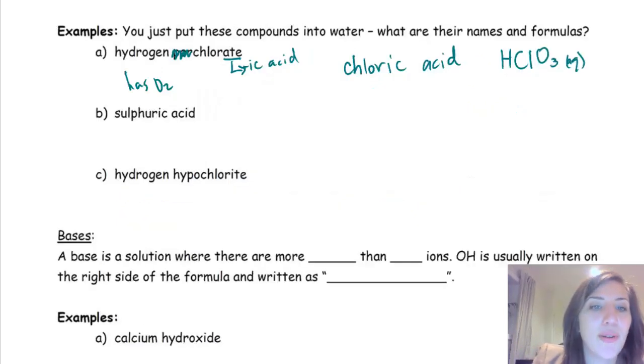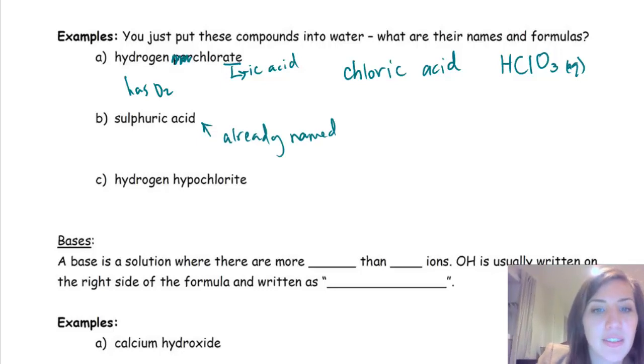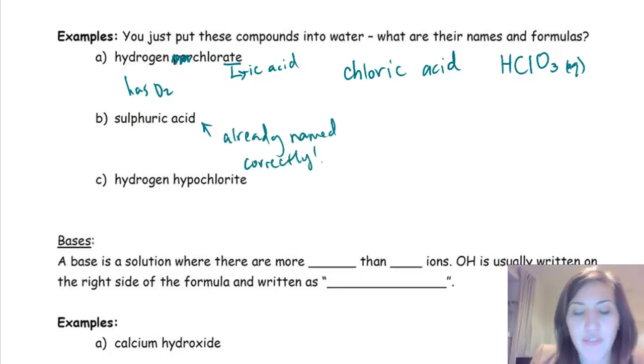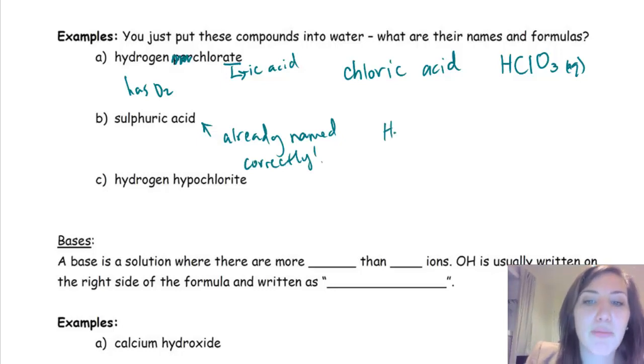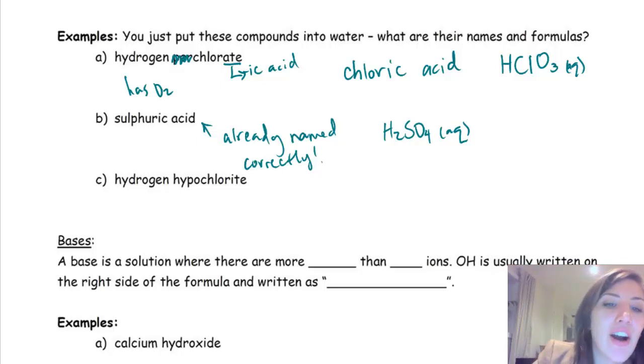Sulfuric acid, well, that's already an acid, so already named correctly. Woohoo! So let's just make the formula. We can look that up. It's pretty common. H2SO4, aqueous. An acid or a base is always aqueous. Hydrogen hypochlorite. Does this have oxygen in it?